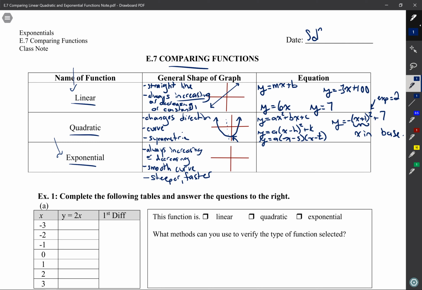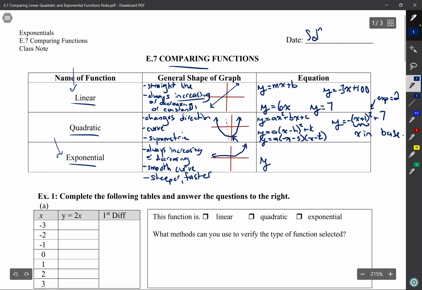So an example of an exponential function, I might have something that looks like this, and I can see that it's very steep right around this part of my curve. Or I might have something that looks like this as an exponential as well.